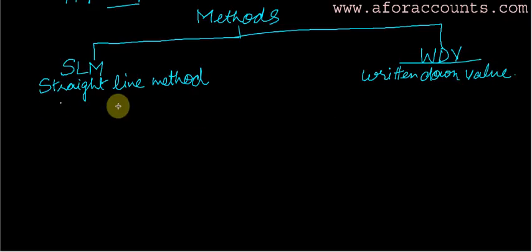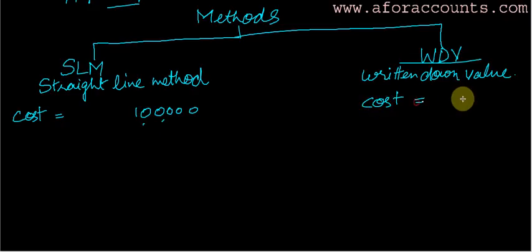Let's take an example. The cost of the machinery in the first year is 1 lakh. Cost is 1 lakh.